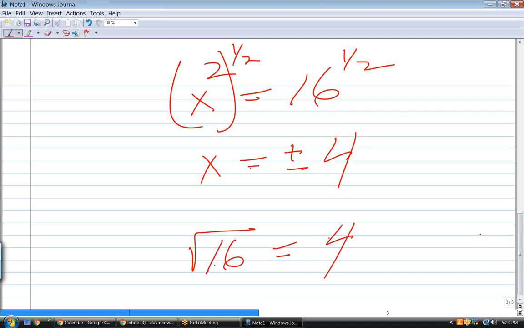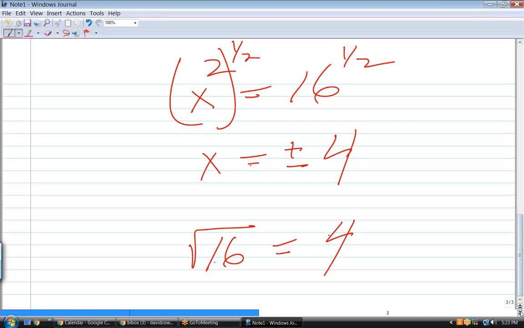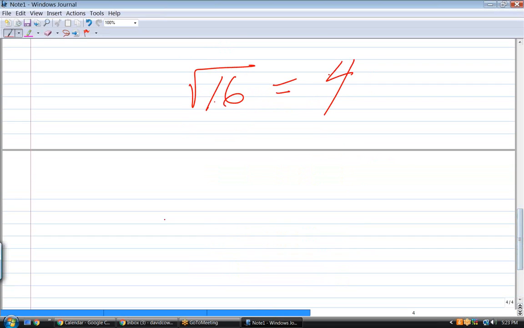If I'm writing the radical sign and I don't put a sign in front of it, it's assumed to be positive. If I want the minus 4 result, then I need to write minus root 16, and that's equal to minus 4. And that's just by convention.